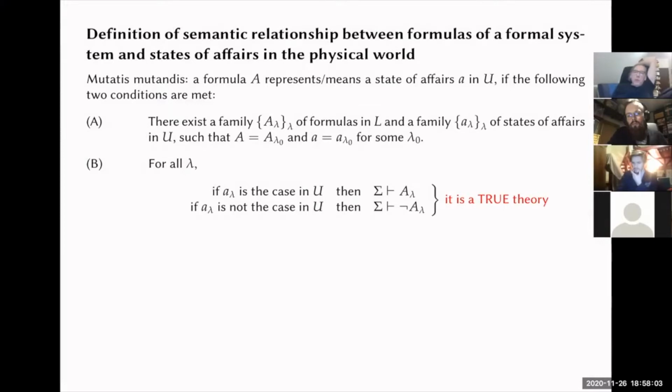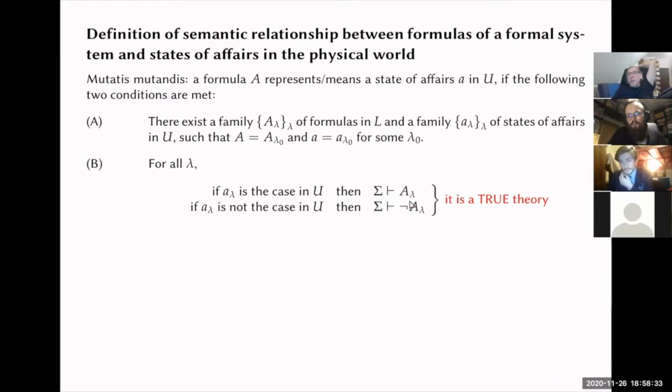The first most important thing is that if we consider the second condition, it actually means that if something is stated by the theory, then it is true. This is what practically we have here.